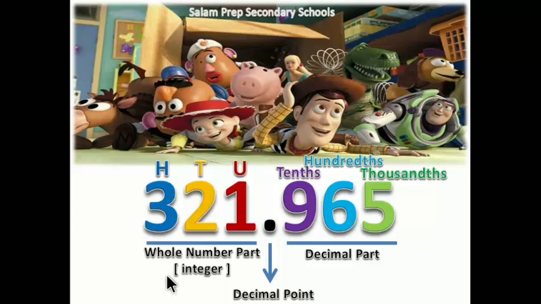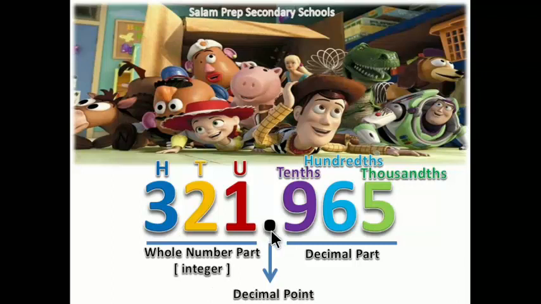Now we will learn how to read decimal numbers. Please look at this point, which is called the decimal point. Before the decimal point, this part is called the whole number part. This is an integer.